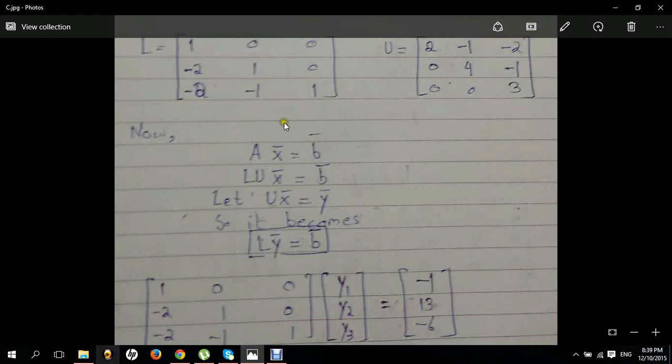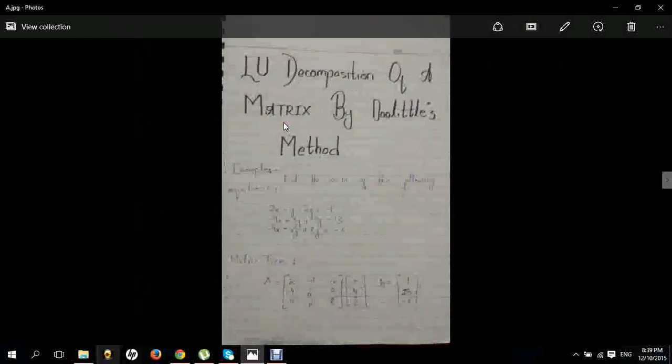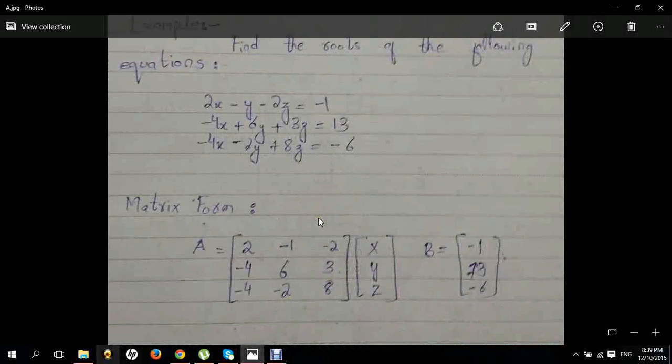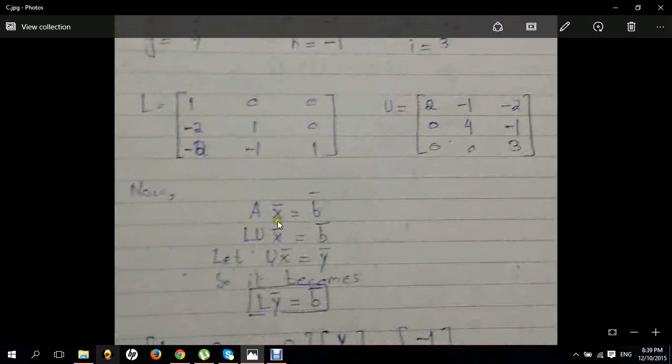This is basically the main thing we form in our first step. As you can see here, this matrix is called A, this matrix is called X, and this matrix is called B. So AX is equal to B.